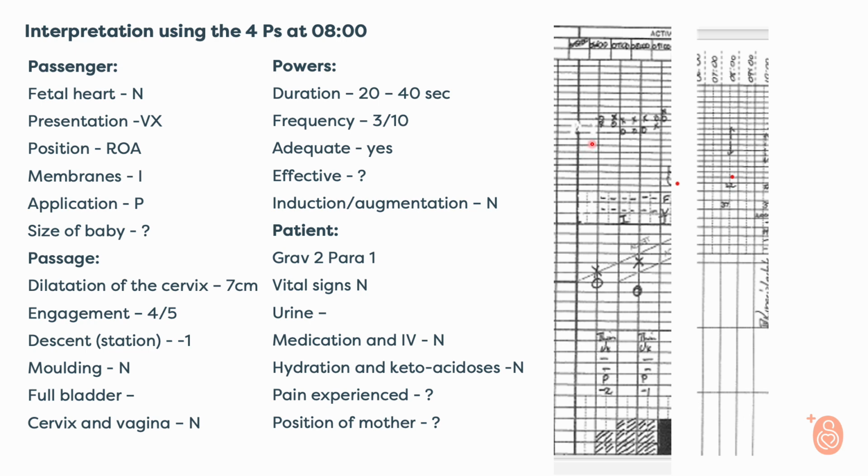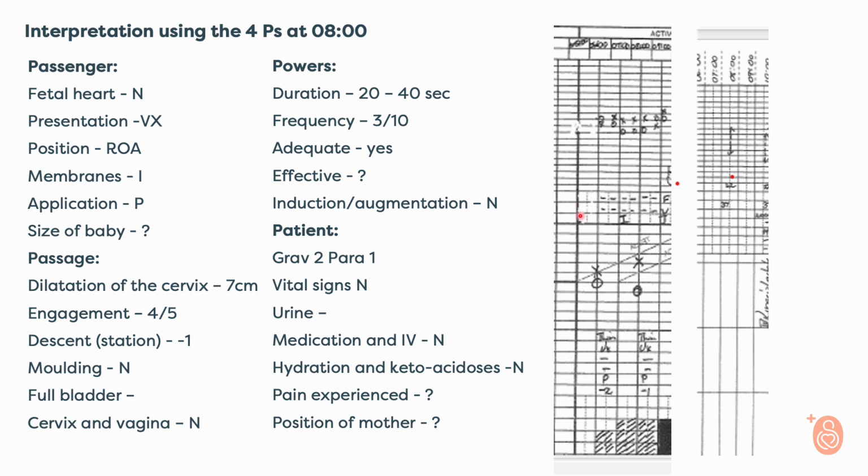There's a little bit of a difference between the fetal heart rate before and after the contractions. We're not 100% sure. That might be a deceleration. So this might be a good place to start with a little bit of CTG monitoring to make 100% sure that this fetal heart is still okay.